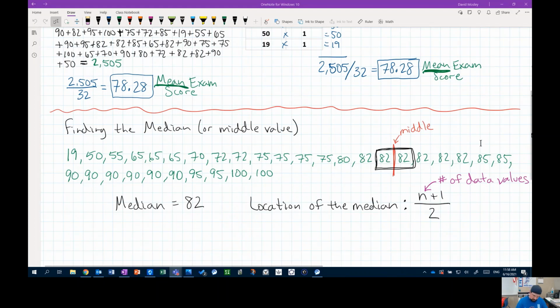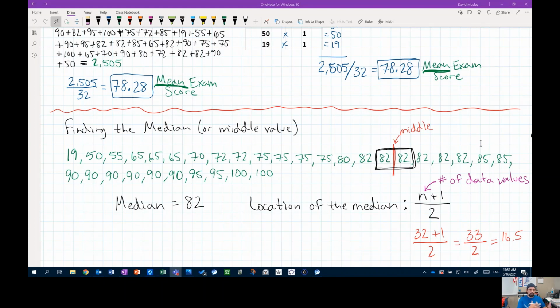All right. So in this case, for this example, we would have 32 plus 1 divided by 2, equals 33 divided by 2, which is 16.5. So that means the 16.5th number, which is the value between 16 and 17, will be the location.